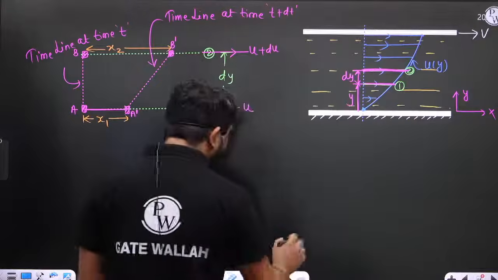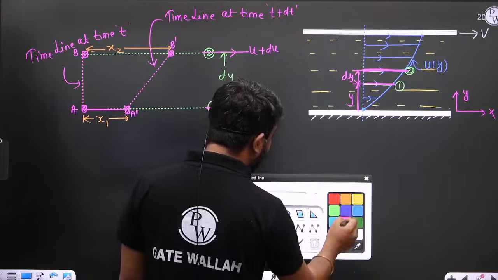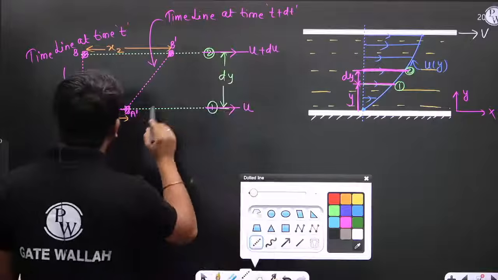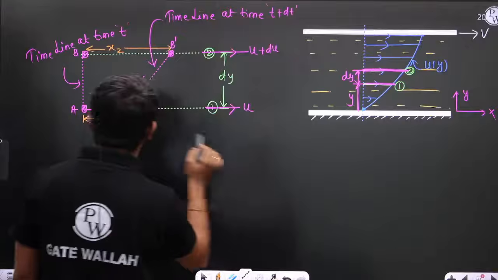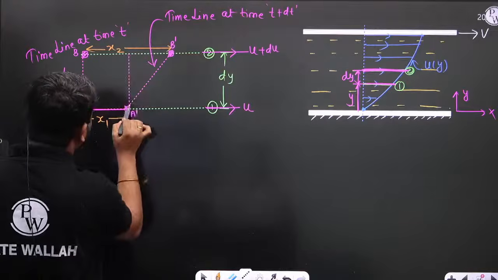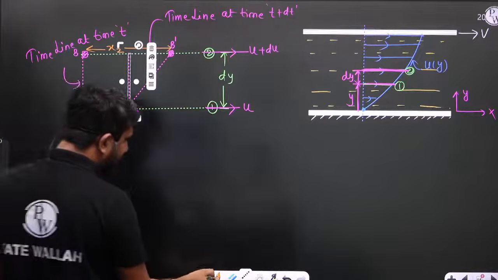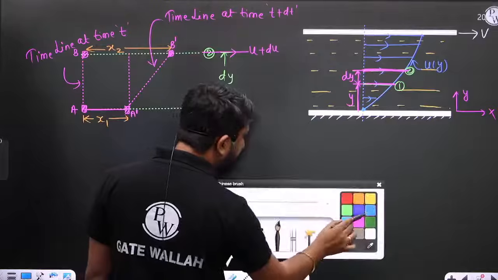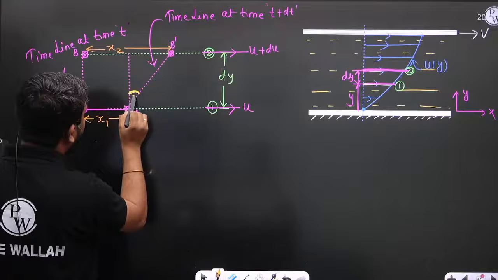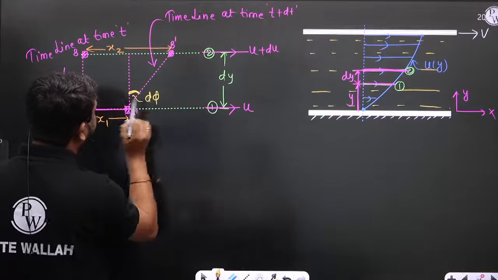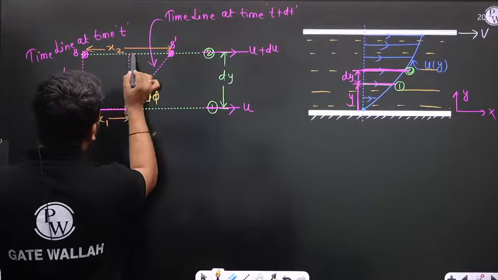Fine. Now see here. Let us consider this is the angular deformation, which is d phi, right? And what about this distance?